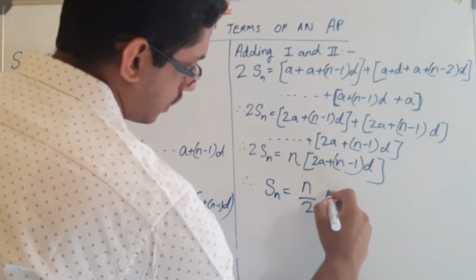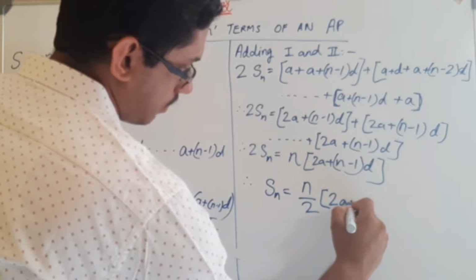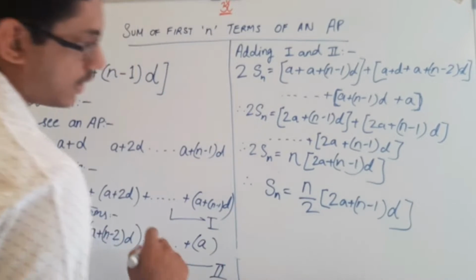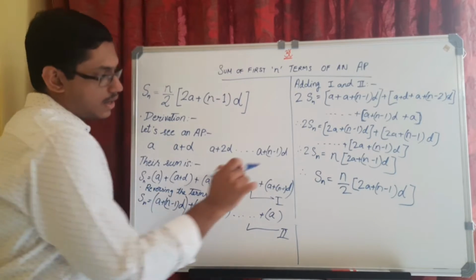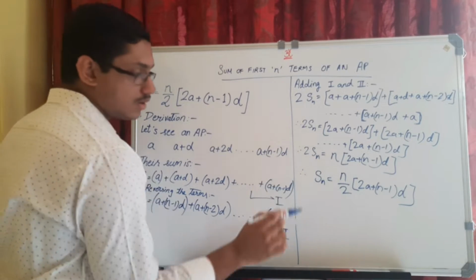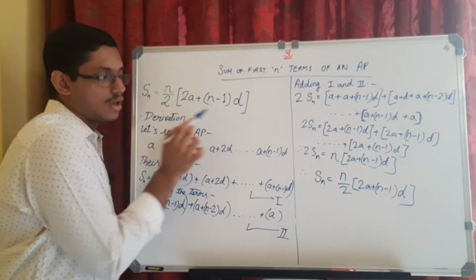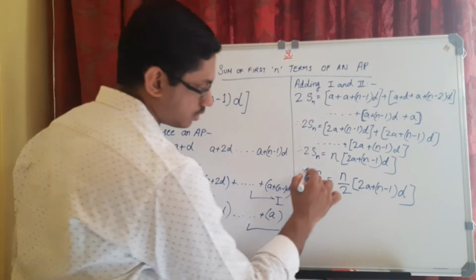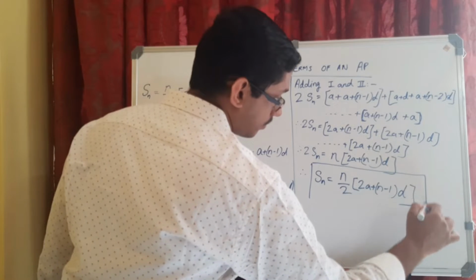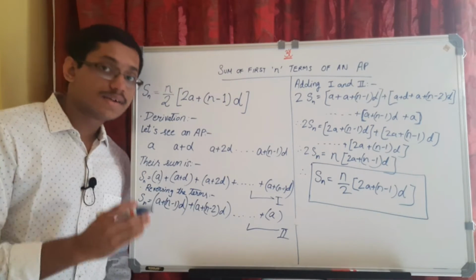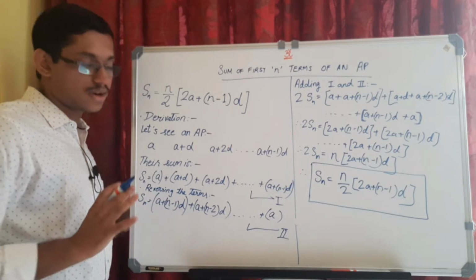Okay. 2a plus n minus 1 d. Understood? This 2 came here, and the final result, which is this result only, is now proved. I am highlighting it. Remember, this result is also very important in class 10, class 11, class 12.